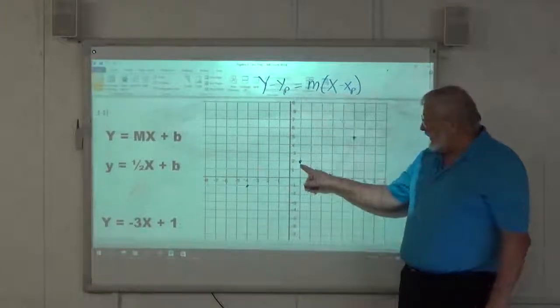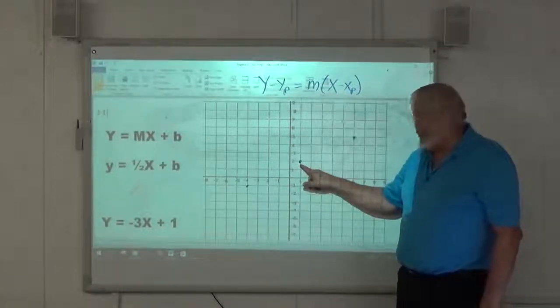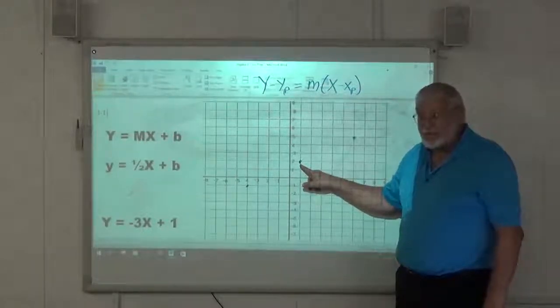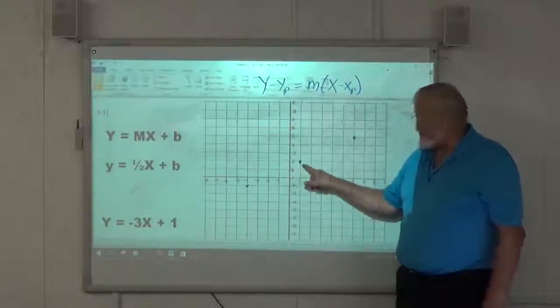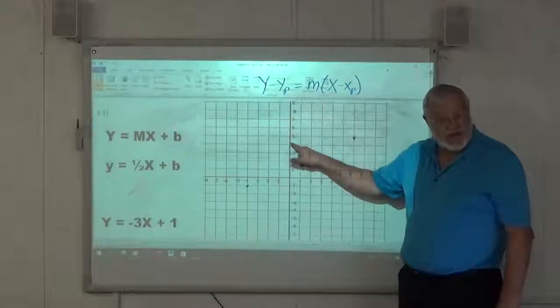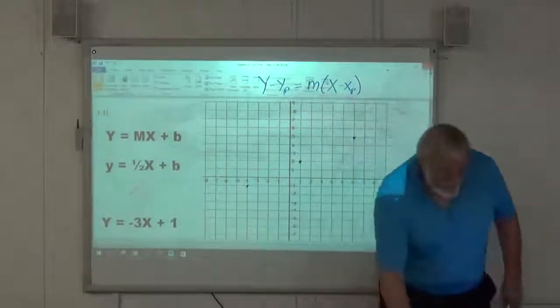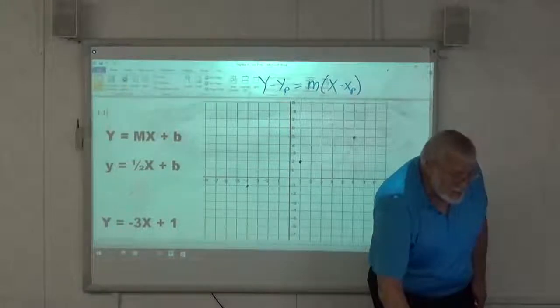Right? So if I have slope point as a given equation, I can graph it fairly quickly. Only instead of being on the axis, I'm wherever that point is to start. And then I count from this point instead of counting from the y-axis. Okay? All right, so that part's fairly easy.